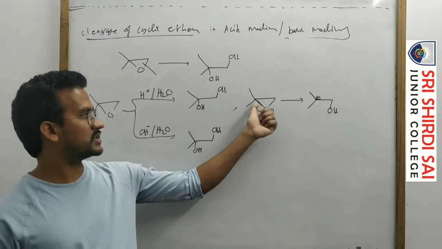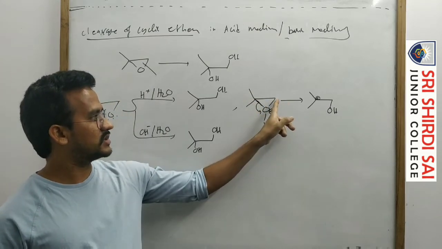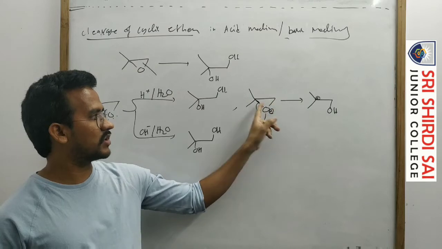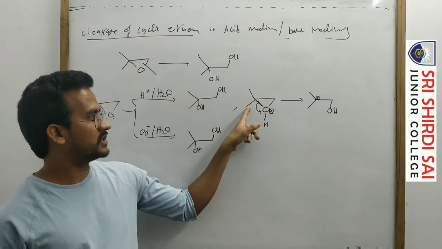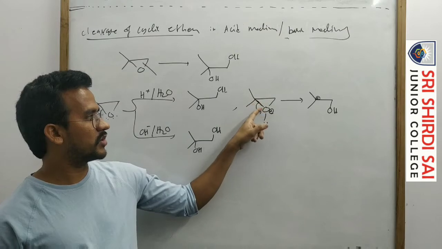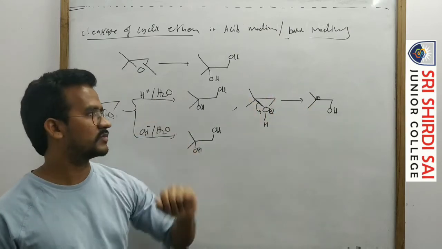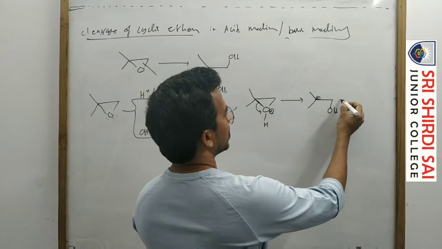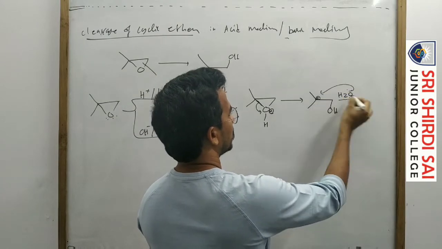Actually here we have two chances: either this carbon-oxygen bond or this carbon-oxygen bond breaking. There are two possibilities. But in this case, only this carbon-oxygen bond breaking takes place, because that produces a stable carbocation. Now here it is attacked by the water molecule. This water molecule acts as the nucleophile.